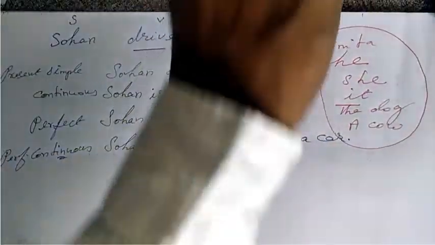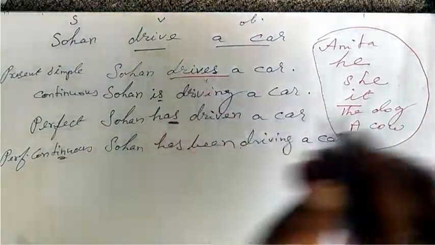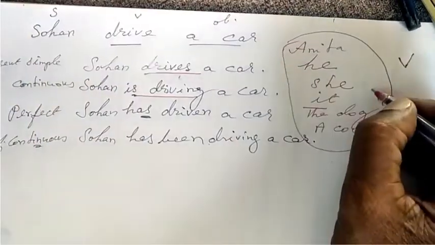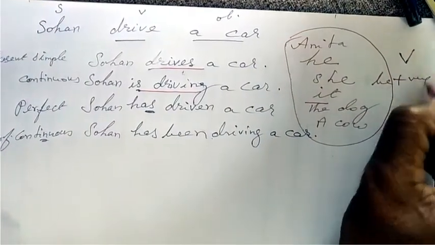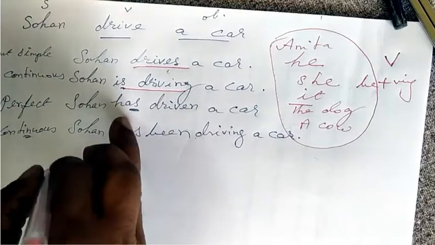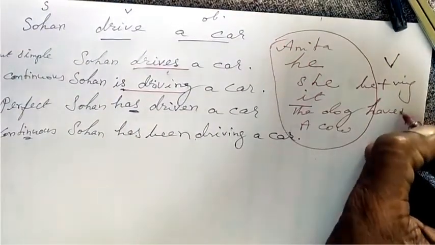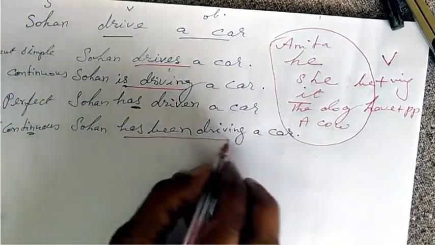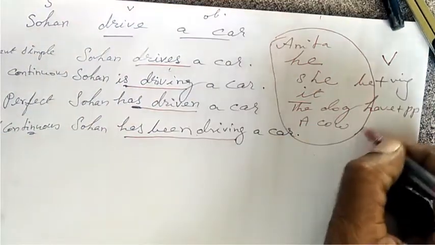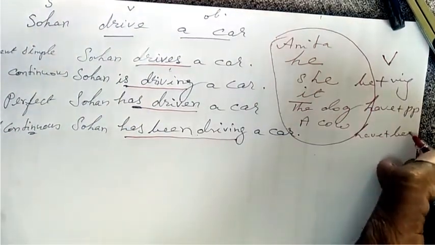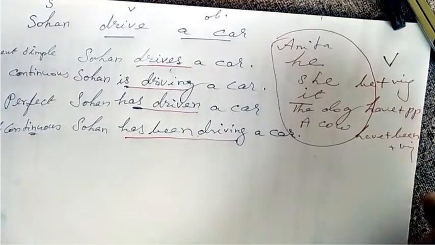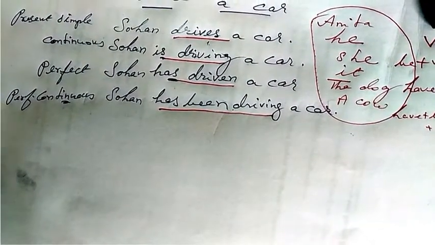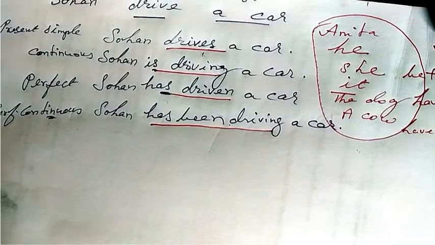If you quickly recall the key part, here only the verb, here be group and ing. Here you will see have group with past participle, and here you will see have group, been and ing. So this is how we make present simple, present continuous, present perfect, present perfect continuous.